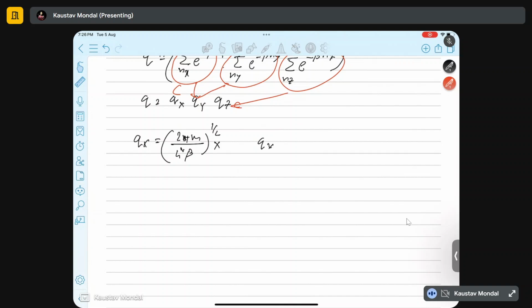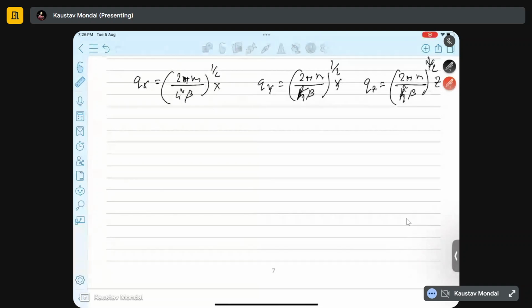Qy would be the same thing, only the dimension would be different. If the box size in the y direction is different, then it would be y. Similarly in z, it would be 2 pi m over beta h square to the power half times z, that is Qz.